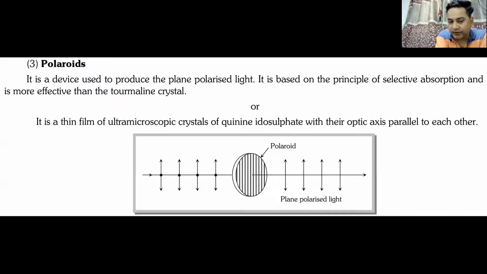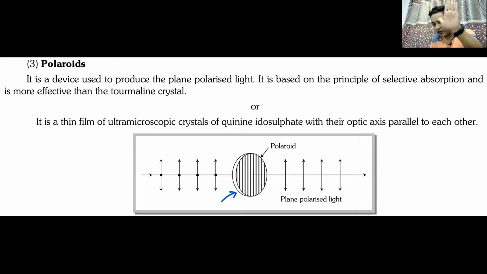We can create plane polarized light with something known as polaroids. Now this term may sound very confusing, but it is a very simple thing. Instead of telling you the definition, look at this diagram. Do you see this diagram? It basically consists of, in a very simple sense, a cardboard, and you cut one perpendicular slit.